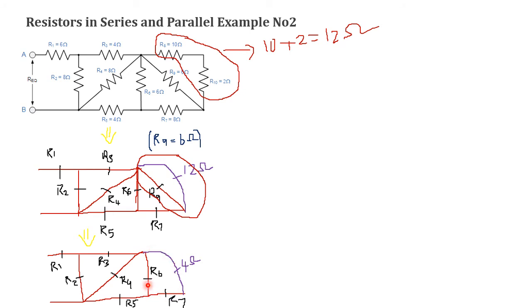Here 12 ohm, here R6 is 6 ohm. So 12 ohm and 6 ohm are connected in parallel form. So again the equivalent resistor will be the product of resistors over the sum of resistors.